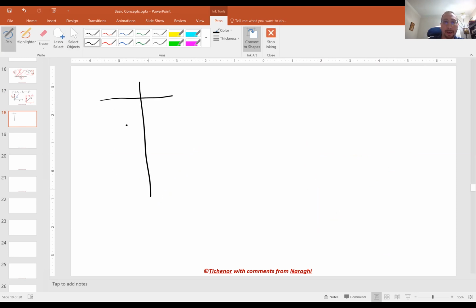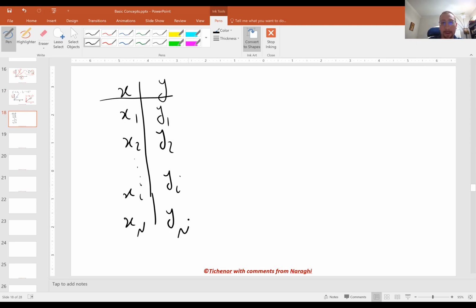So basically, I have some input variables. So x1 gives me y1, x2 gives me y2, and so on. xi gives me yi, and it goes all the way to yn. So these are the measured values.